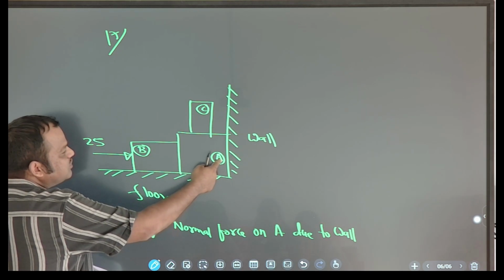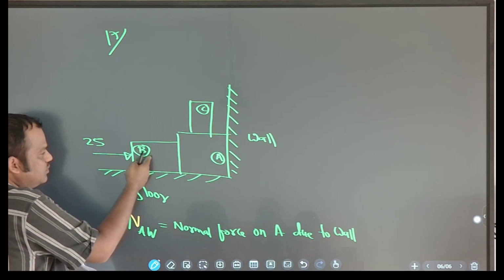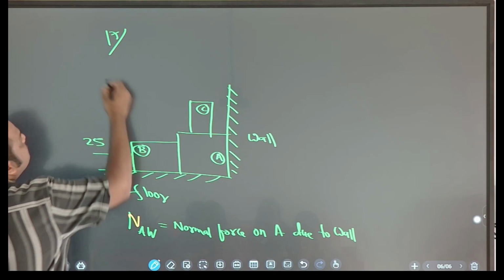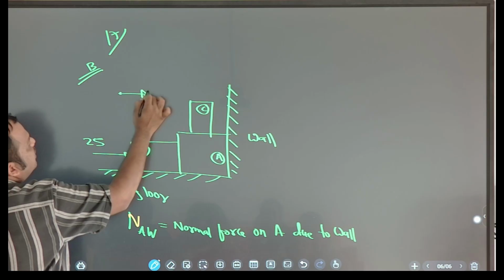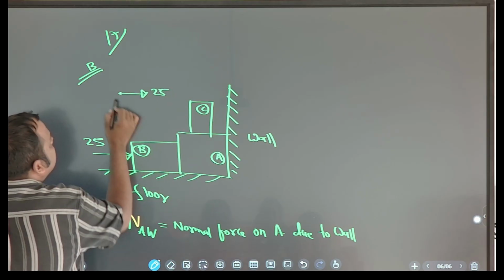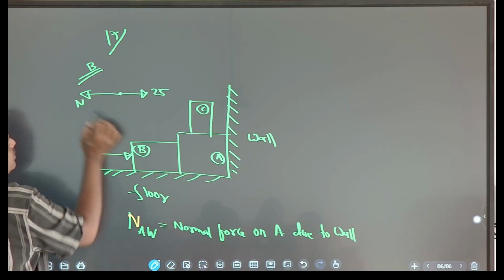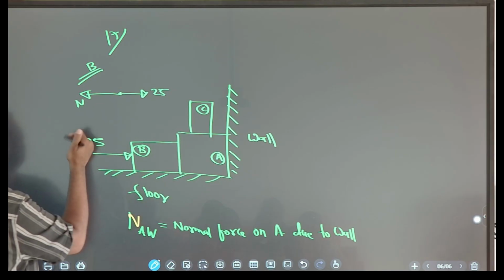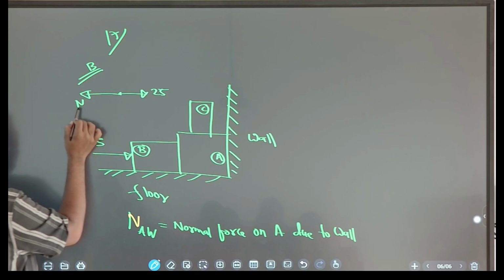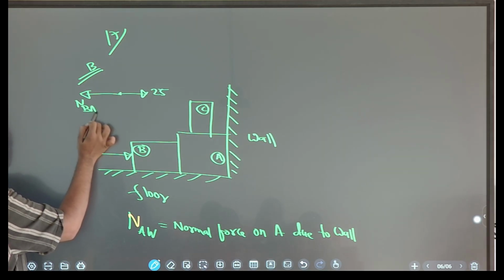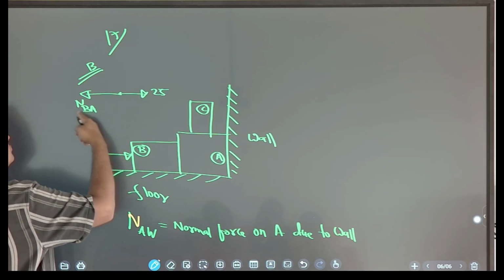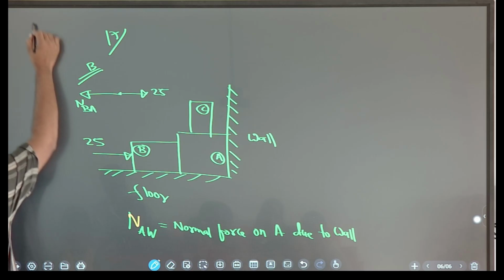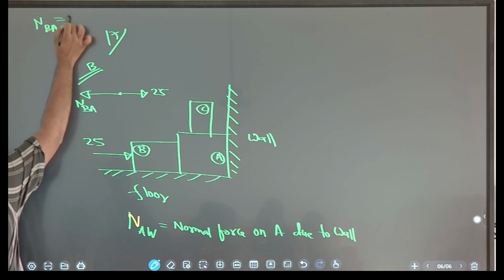So A will exert force on B. Where? Left. So for B, 25 is right side and normal from A is left side. So this is normal on B due to A. What is this value? 25. So normal on B due to A is equal to 25.